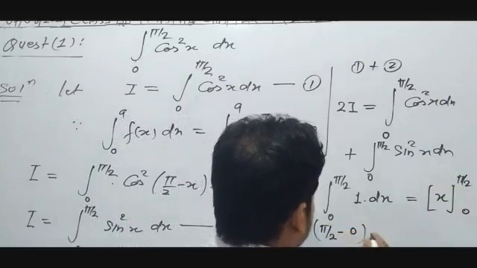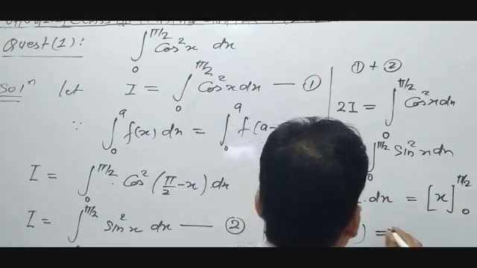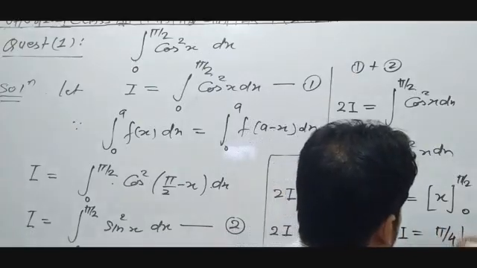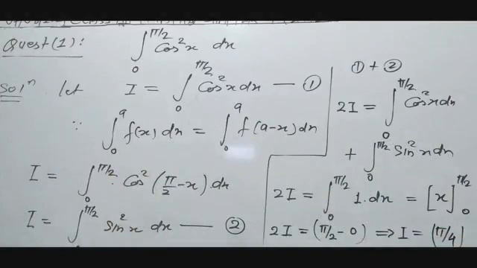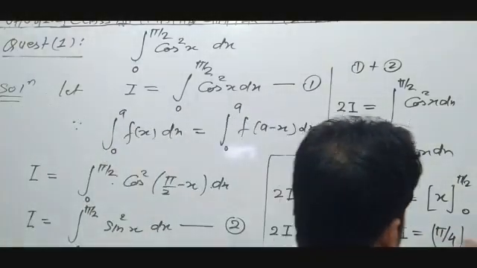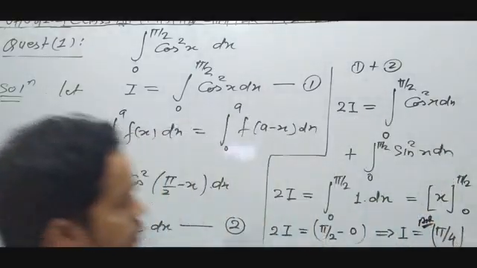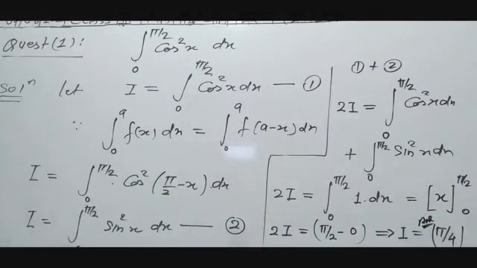This result will be I is equal to pi by 4. This is the answer. Now question number 1 is completed.